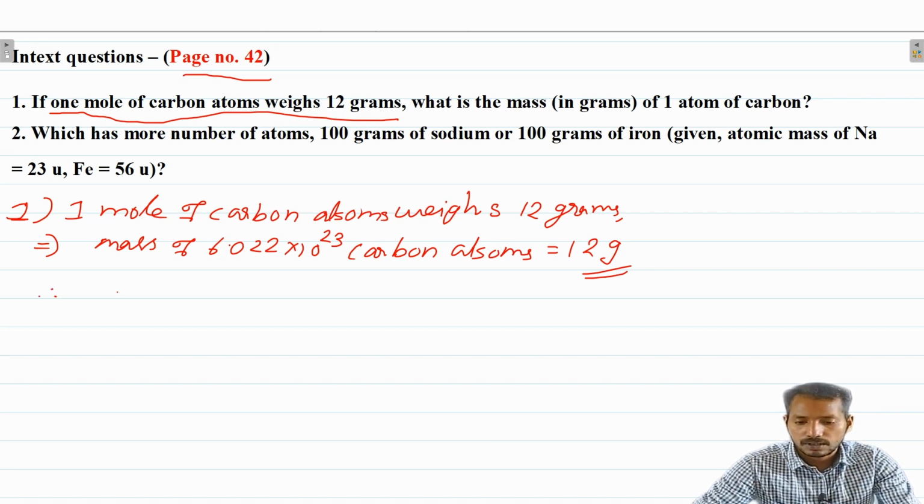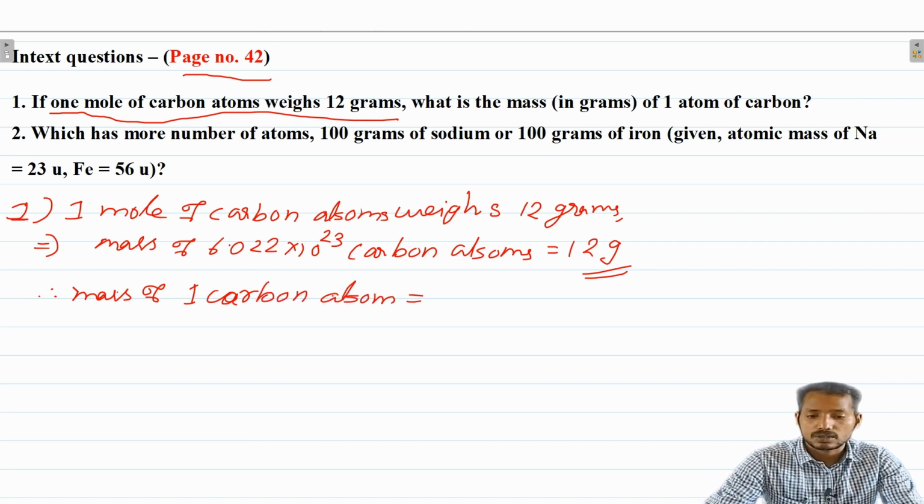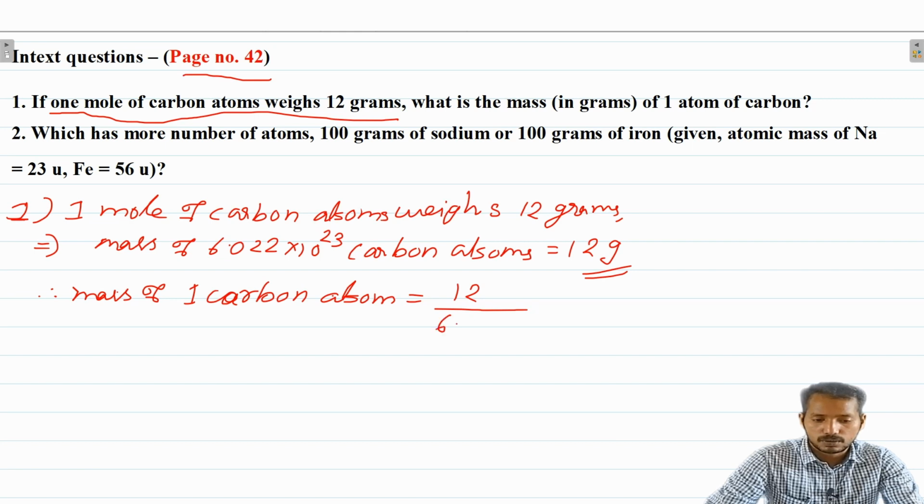Therefore, the mass of 1 carbon atom is equal to the mass of 1 mole of carbon atoms, that is 12, divided by the number of particles, that is 6.022 into 10 raised to 23.